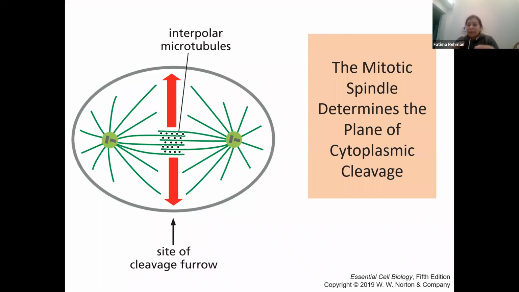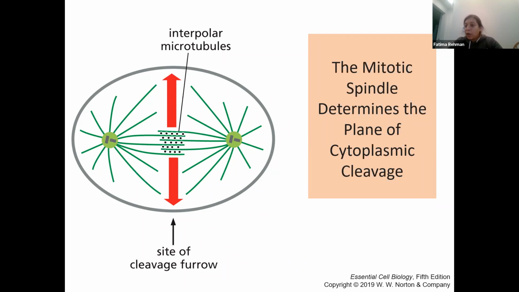So because the interpolar microtubules are part of this internal structure of the spindle fiber and are maintaining that central line, so to speak, in that cell, they actually determine where the cleavage is going to start to form. Because those bands of actin and myosin are going to form where the interpolar microtubules had been stabilized.